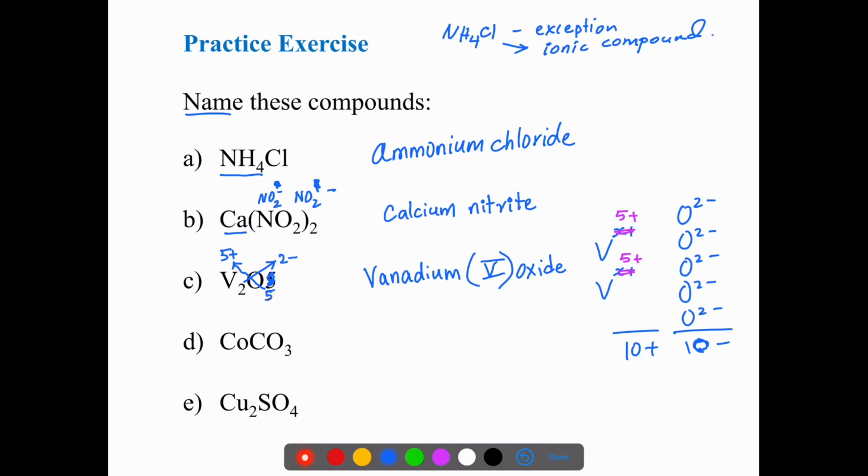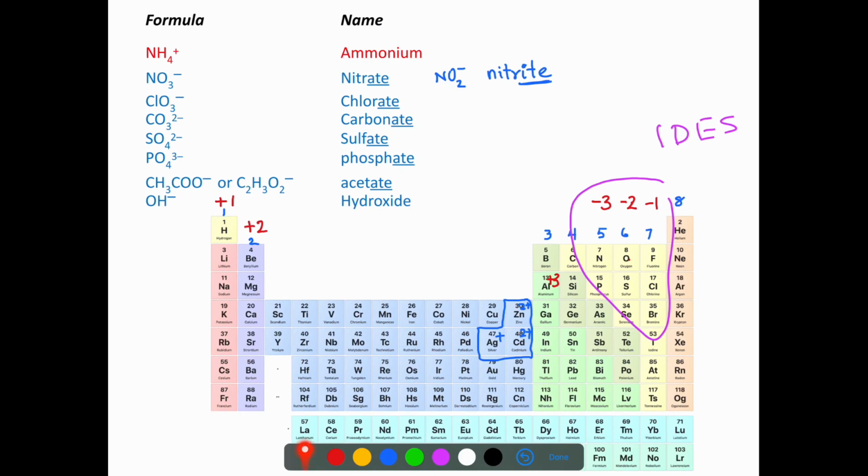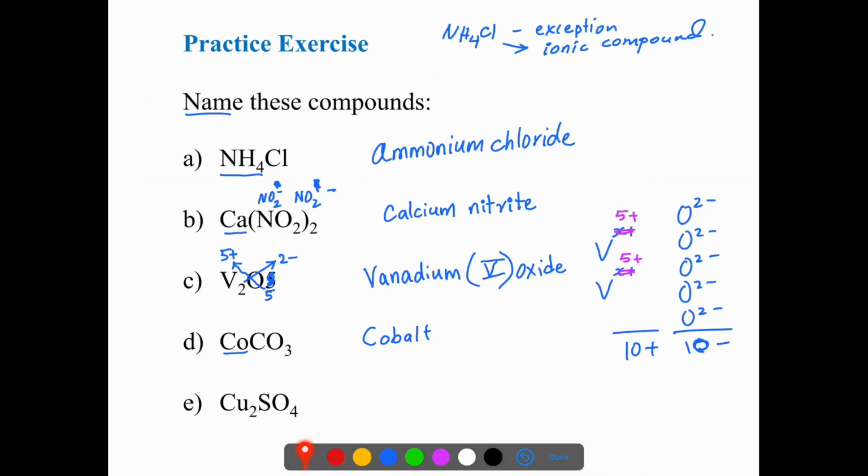Okay, here we have CoCO3. Co stands for cobalt. This is one of those symbols you should have memorized. Everything in these 2 and these 6 groups and this row of the periodic table, you should know the names, because the periodic table provided on the exam may not contain the names. So cobalt, and since it's a transition metal, we need parentheses with the charge.